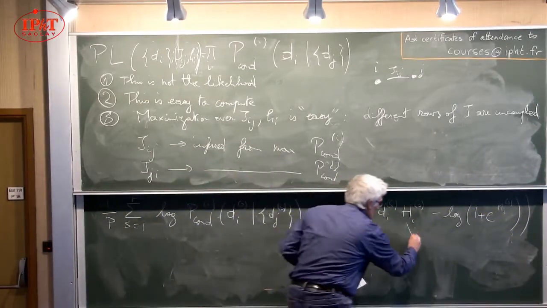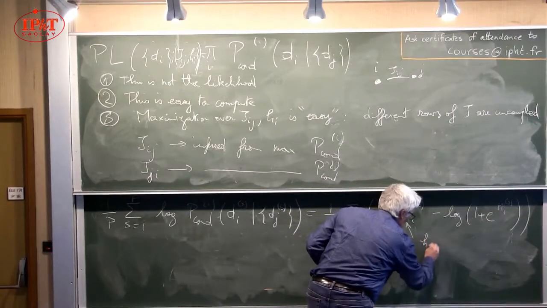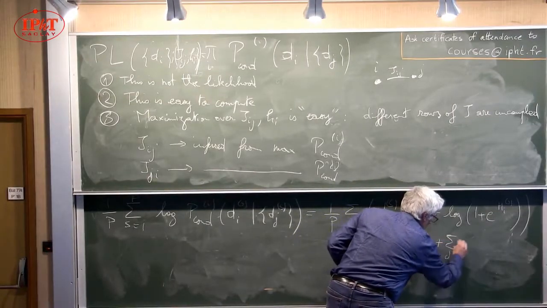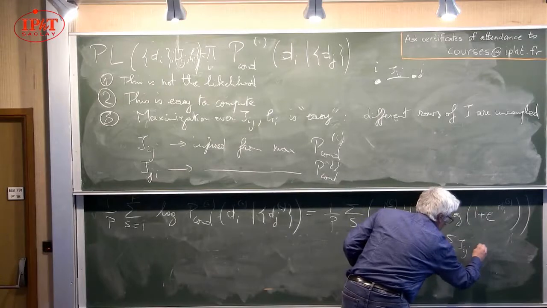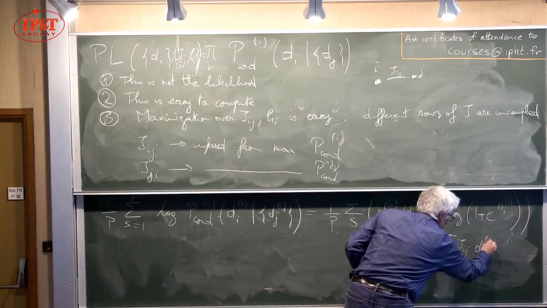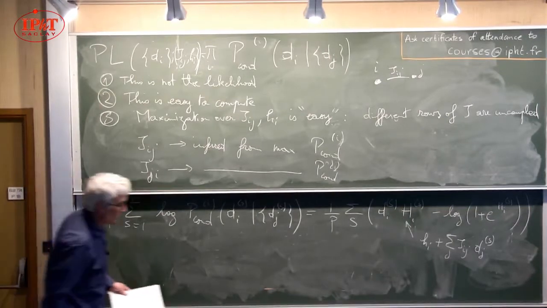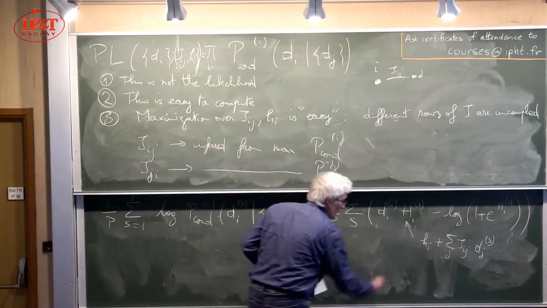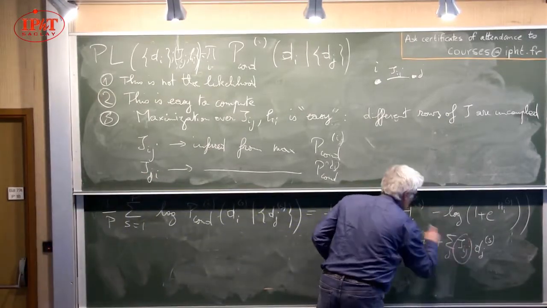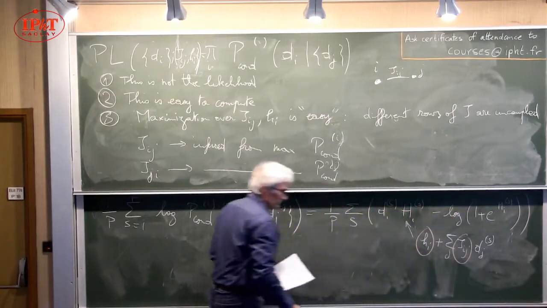Again, this thing here is just the effective field, so this is h_i plus the sum over j of J_ij d_j(s). So it's a function of the parameters, the h_i and the J_ij.